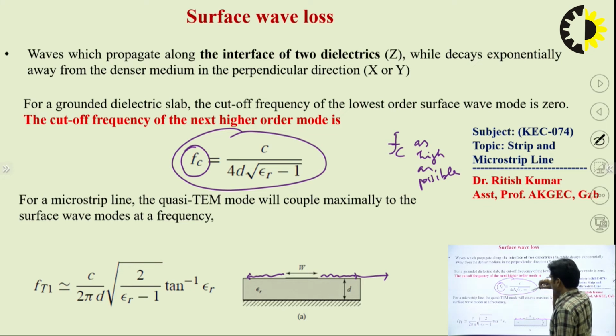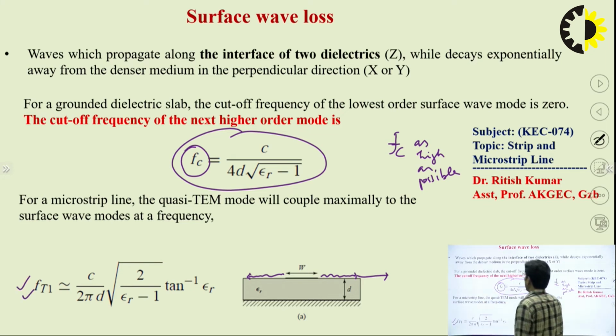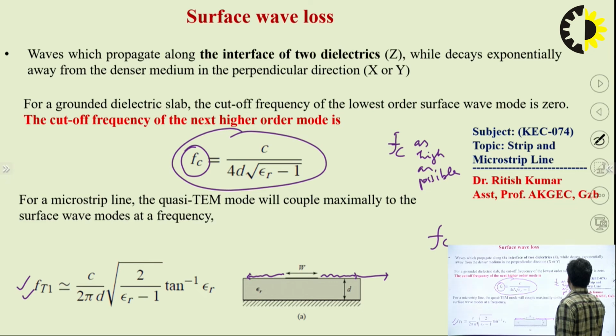You can see in these two formulas that Fc is inversely proportional to D and also inversely proportional to under root epsilon r.